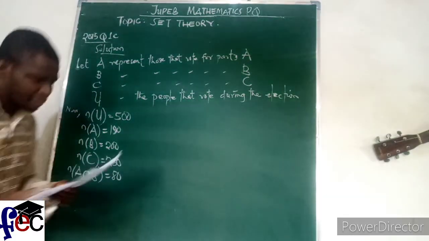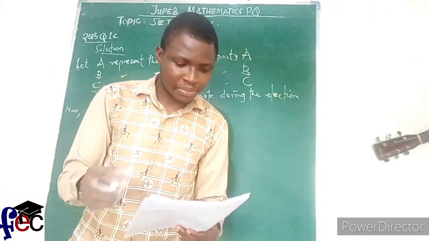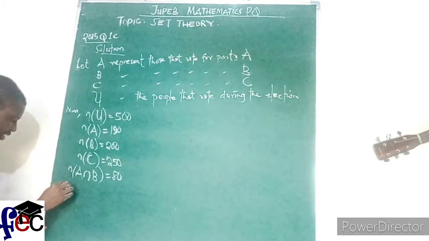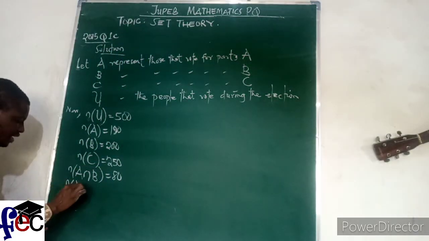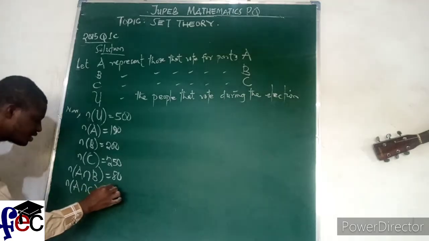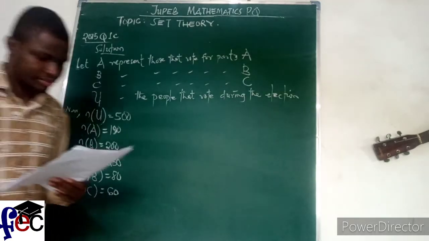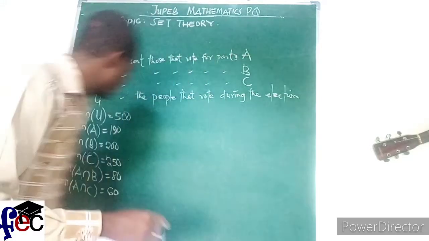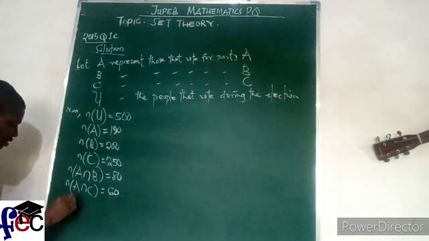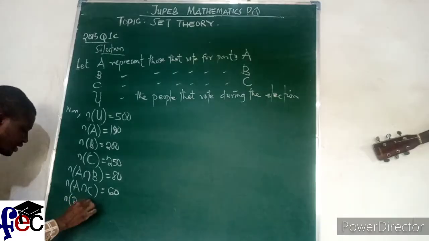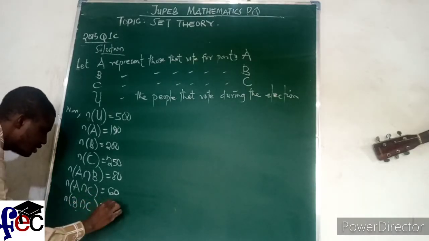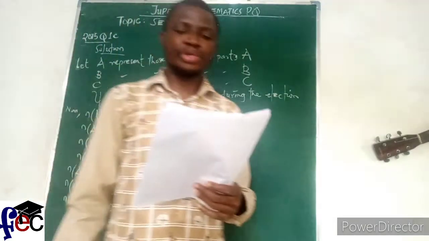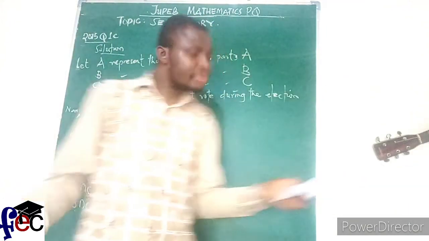Alright. The other information we're provided with is 60 voted for A and C. That's the cardinality of A intersection C is 60. 100 voted for B and C. That shows the cardinality of B and C is 100. Then 40 voted for B alone.